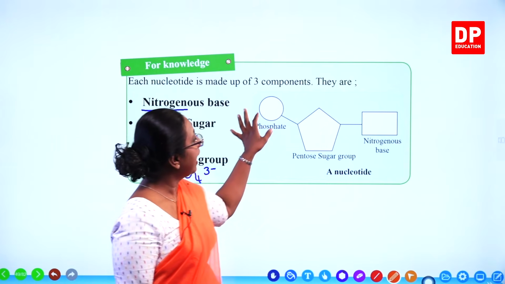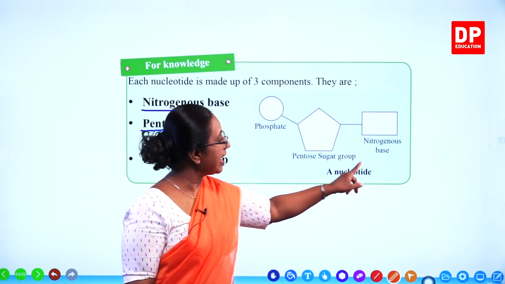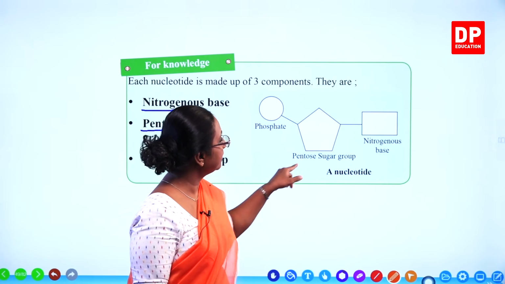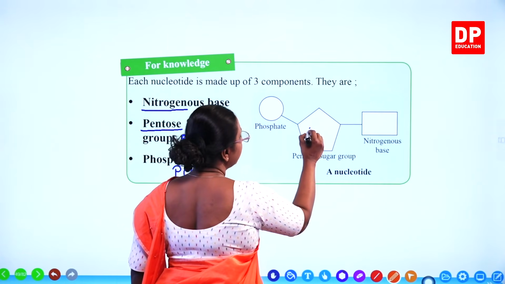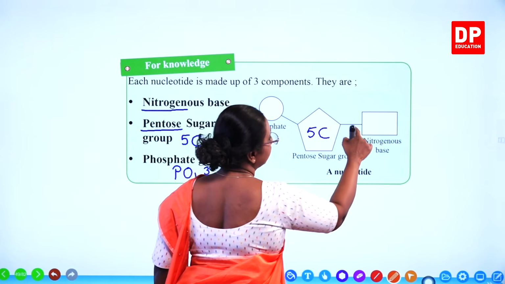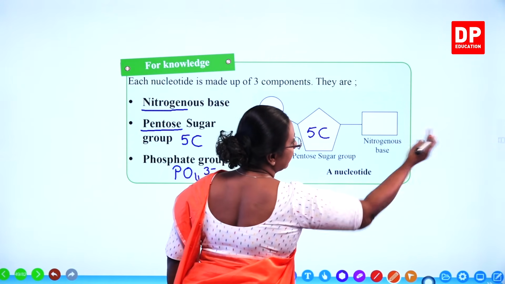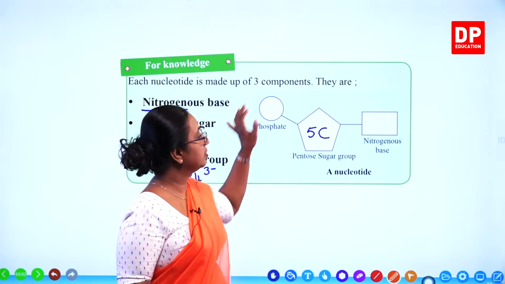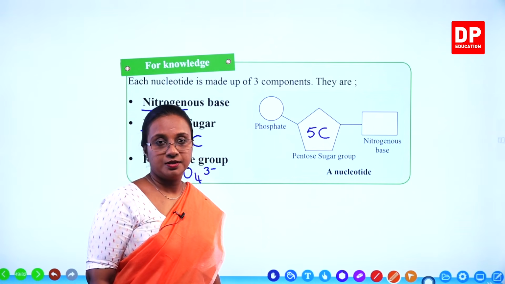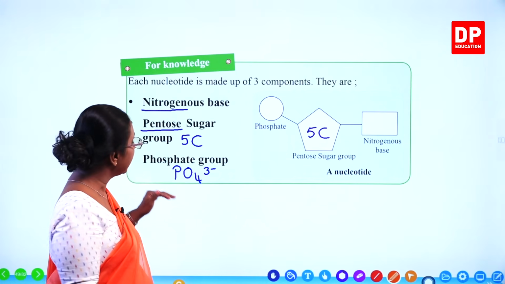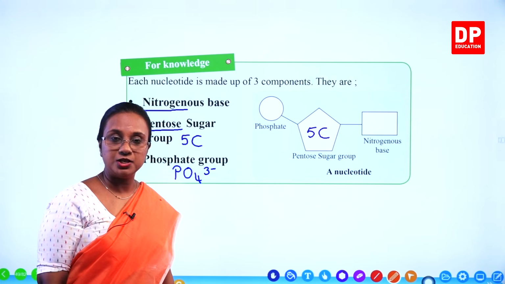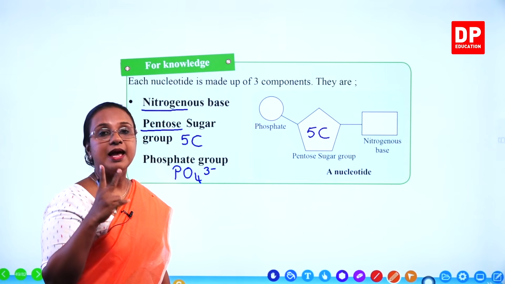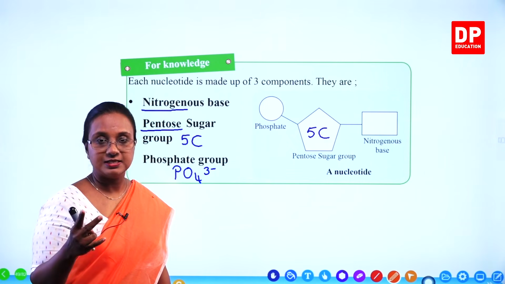And these are usually the standard shapes given for these molecules. This is a pentagon to denote that there are 5 carbons, and the nitrogen base so that it can combine with another nucleotide chain, and also the phosphate group. Now we will see, based on the different types of pentose sugars present, there are 2 pentose sugars that are present in nucleic acids.